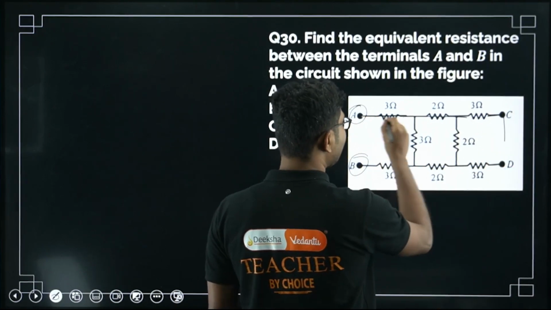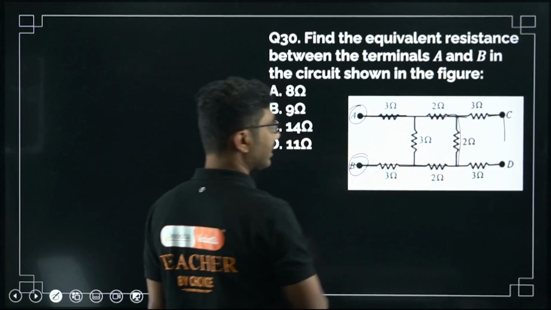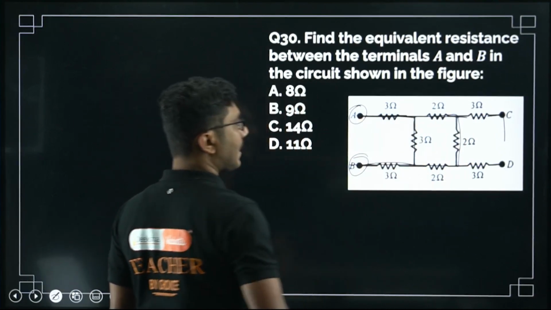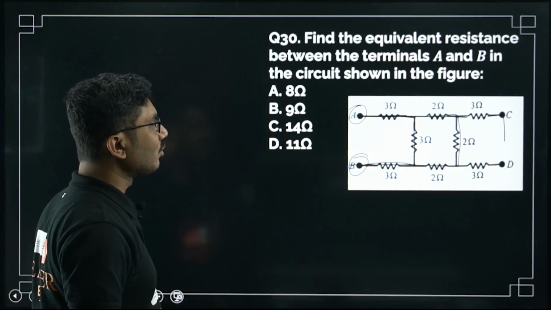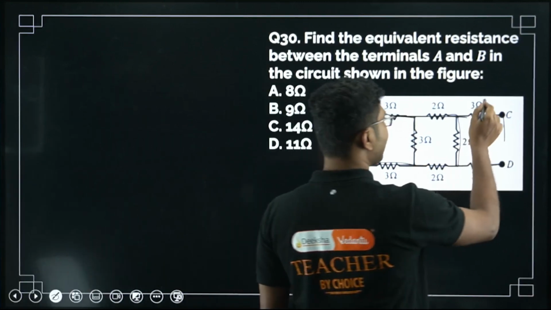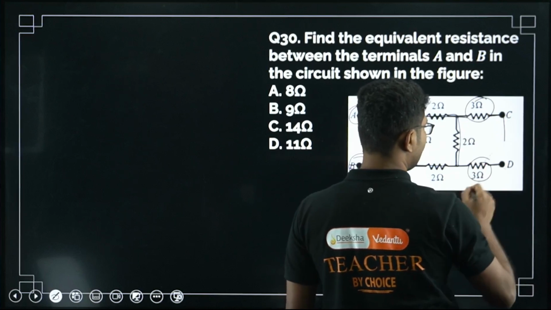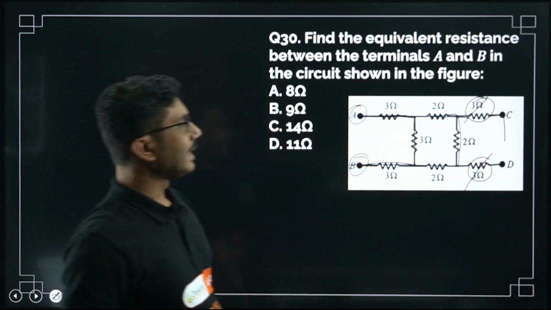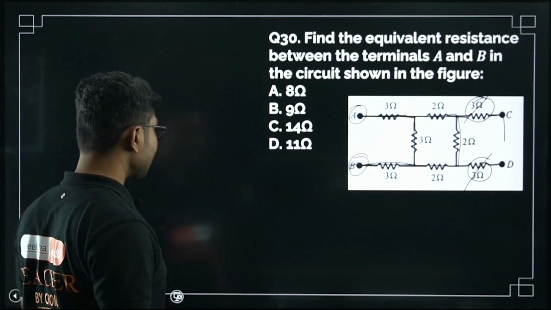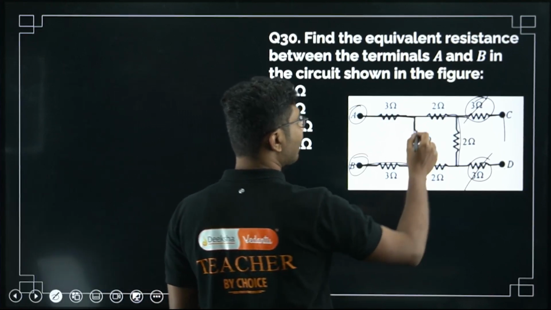But if you start here, you have to go from this side, or you can go from this side. So there are two paths available. So these two resistances are basically useless. They are not contributing anything in this circuit. So we can ignore these two resistances and start calculating.